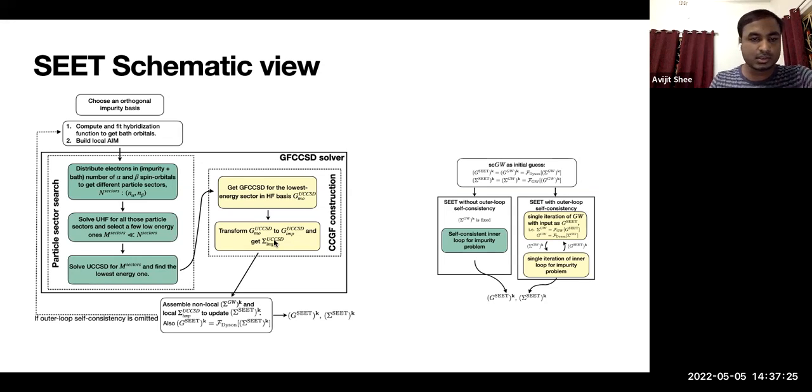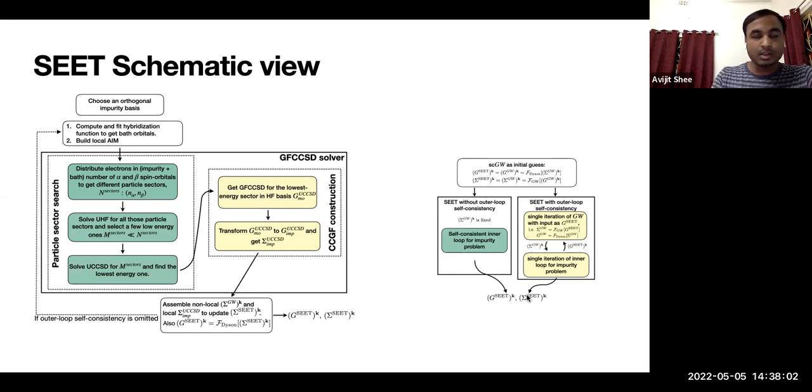This is just the inner loop. And here is the outer loop structure: after converging the inner loop, we can feed the Green's function to the weakly correlated GW method in just one step, and continue the loop to obtain convergence with respect to the outer loop as well. So that's the total self-energy embedding scheme.